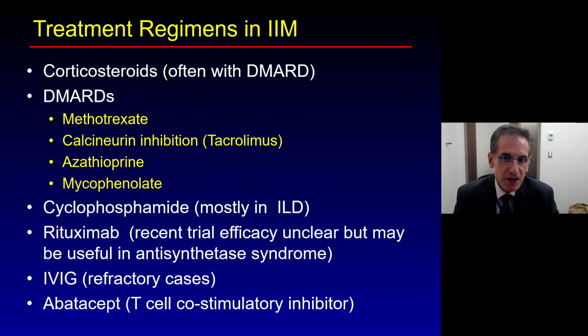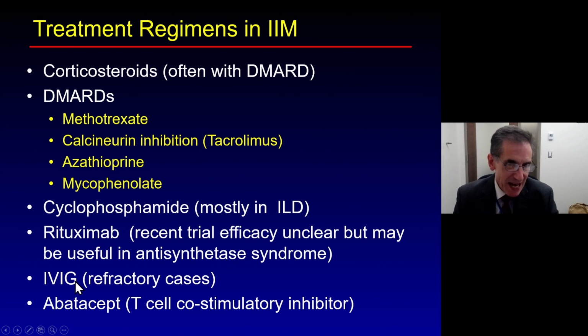Treatment regimens in inflammatory myositis. Corticosteroids are used in almost all cases. In most cases, a DMARD is offered, including methotrexate, azathioprine, mycophenolate, or tacrolimus, or another calcineurin inhibitor. Sometimes we use cyclophosphamide in bad cases that involve interstitial lung disease. Rituximab may be useful in certain subsets of patients.